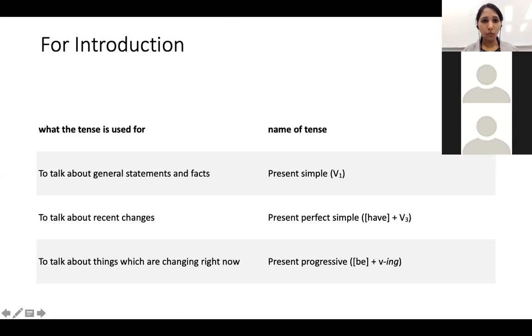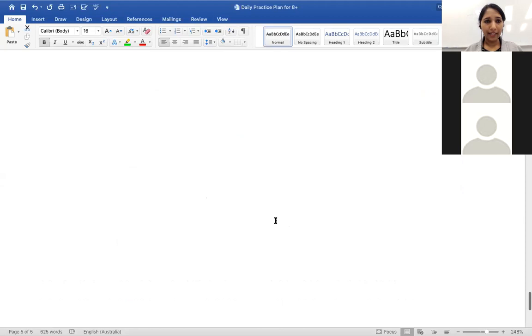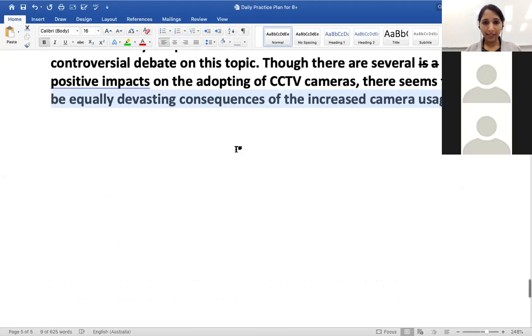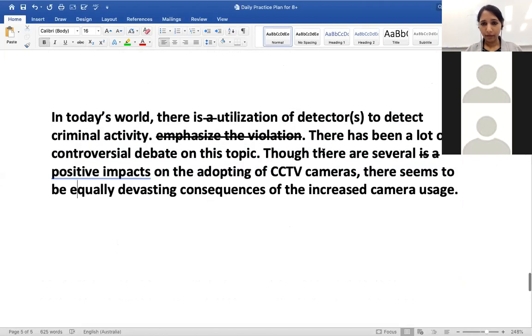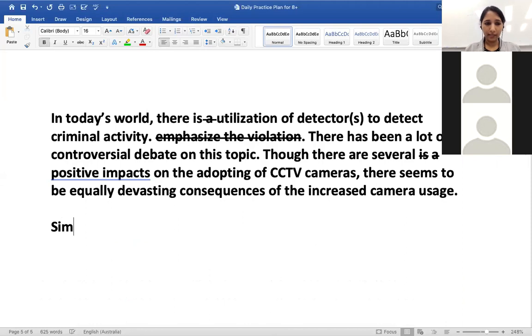Now what I mean by this is, what are the three basic tenses? Present tense, then past tense, and what else? Future tense. Present, past, and future.